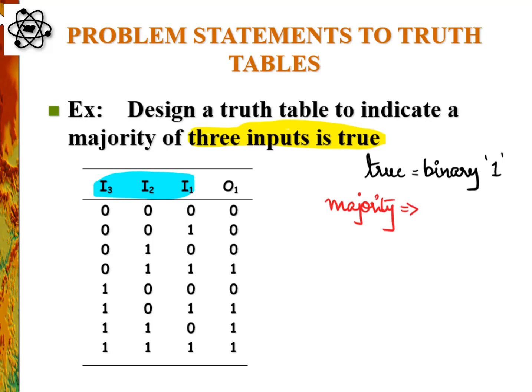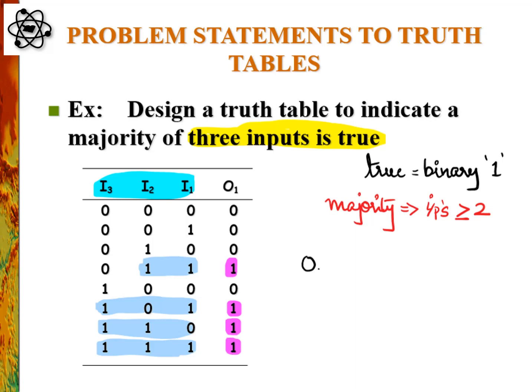Majority of the inputs implies that inputs should be 2 or more. So we are going to highlight 2 or more inputs, and corresponding to that, output O1 will be equal to 1 or high. We can represent the equation for the output in terms of a Boolean expression, which is as shown.